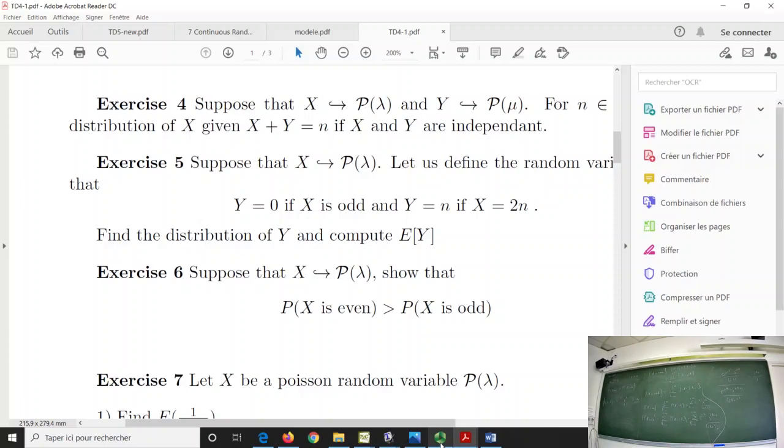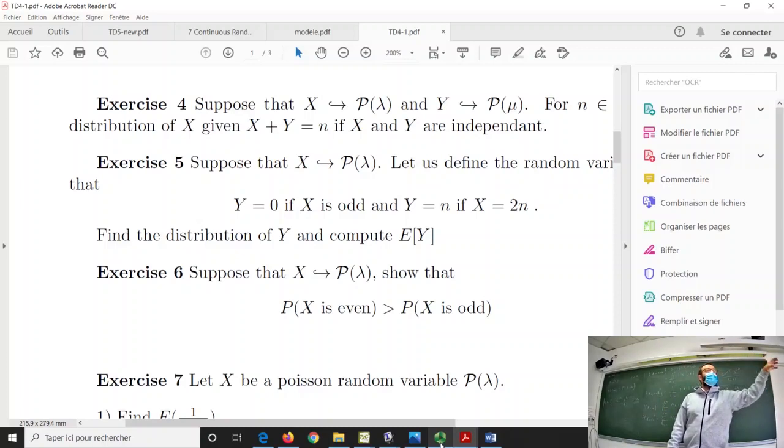Are you okay? And what can you say? Well, it depends on k. This one will be strictly greater or less than 1, I don't know. I am not able to conclude. It depends on the value of k and the value of lambda. So sometimes it will be greater than 1, sometimes it will be strictly less than 1.